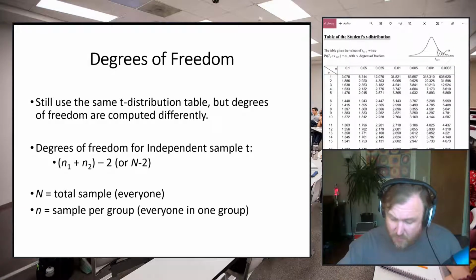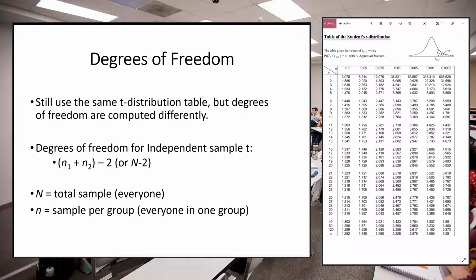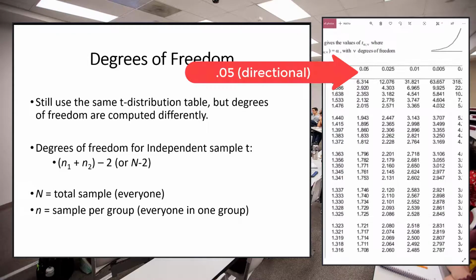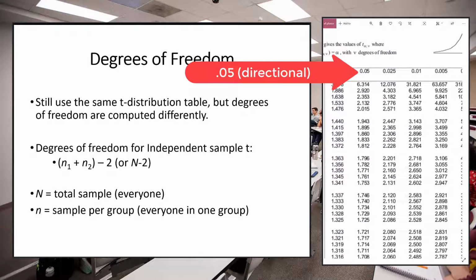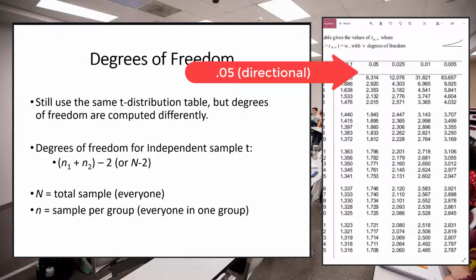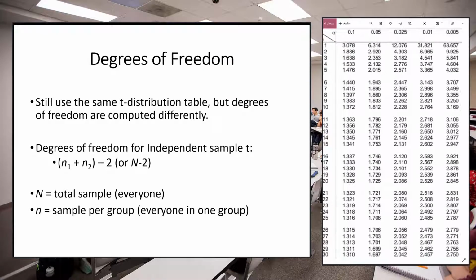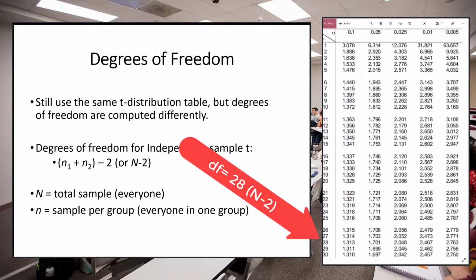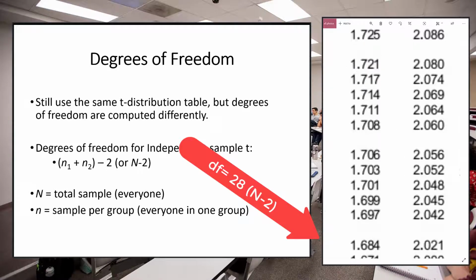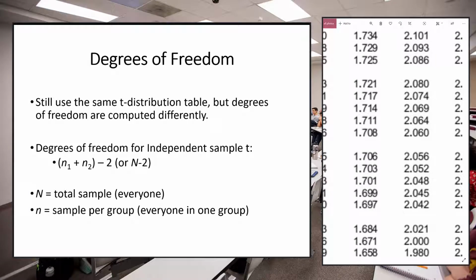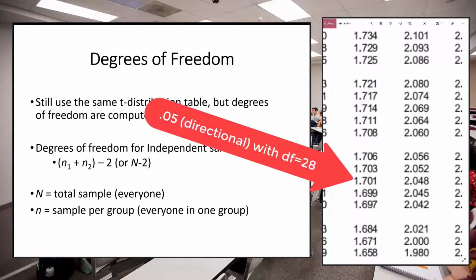Now that we know our degrees of freedom, and we know that we're looking for the cutoff that divides off a proportion of 0.05 in the tail, we can look at our 0.05 column here, and 28 degrees of freedom here, and we get 1.701 right here.